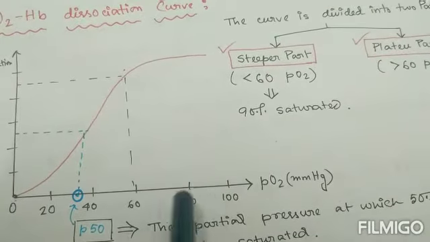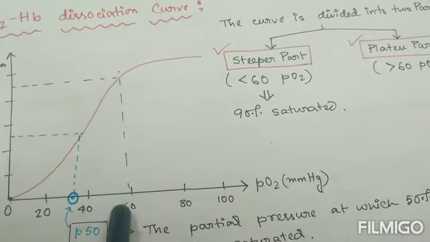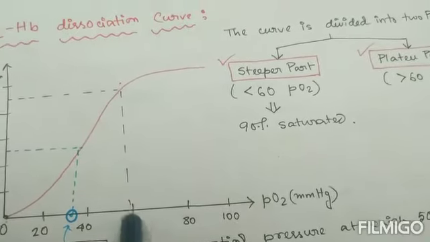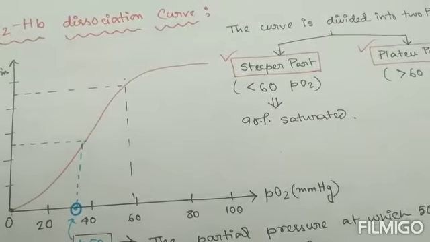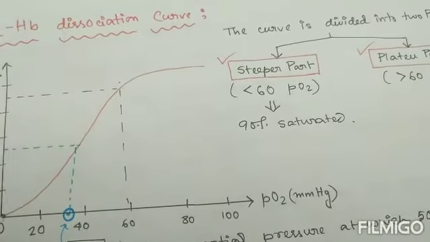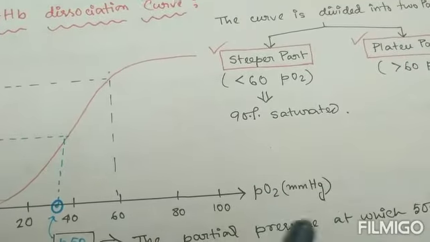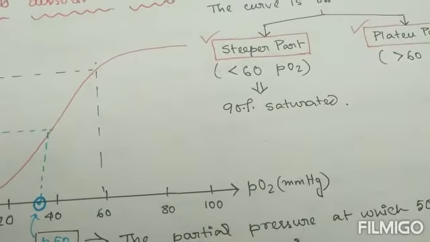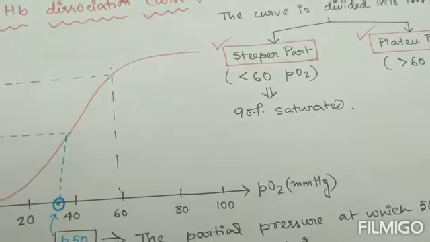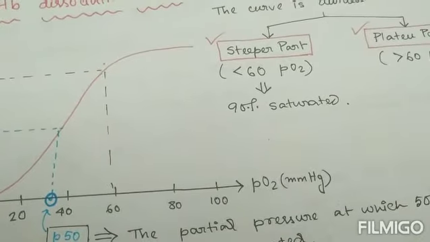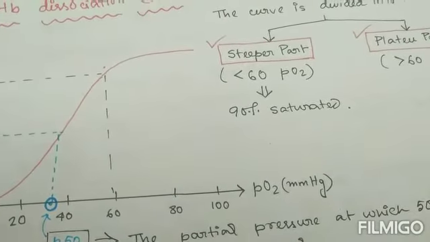In both cases, the partial pressure of oxygen does not fall below 60. And another important fact is that as PO2 falls below 60, even the slightest drop in PO2 leads to remarkable desaturation and liberation of oxygen, making a very hypoxic condition.